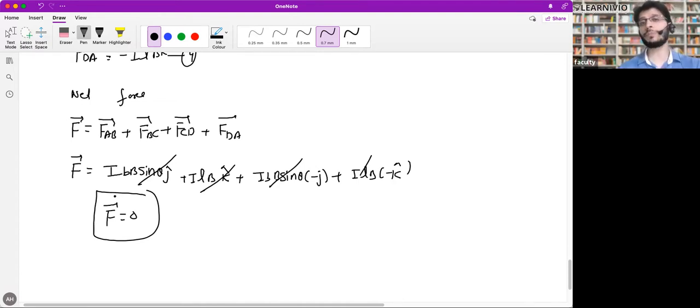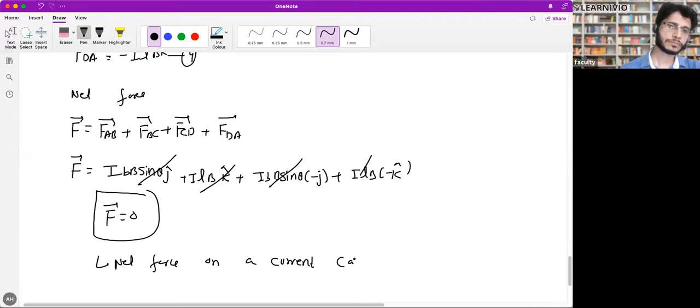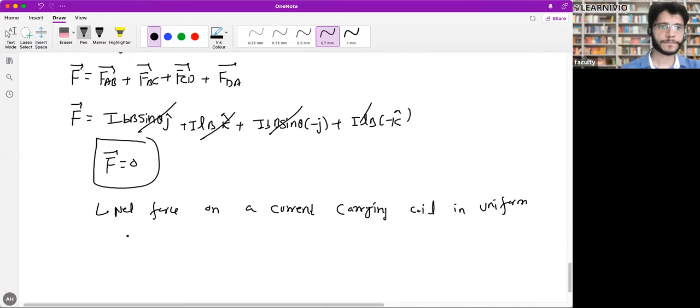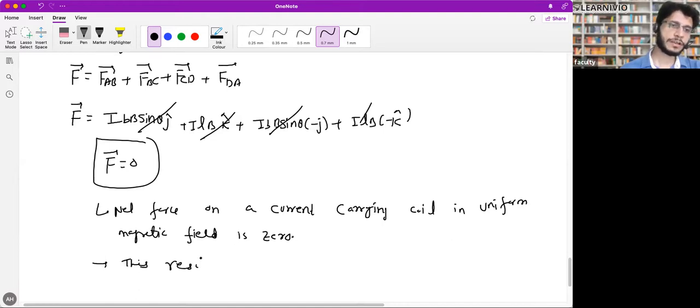This result is absolutely independent of the shape and size of the coil.